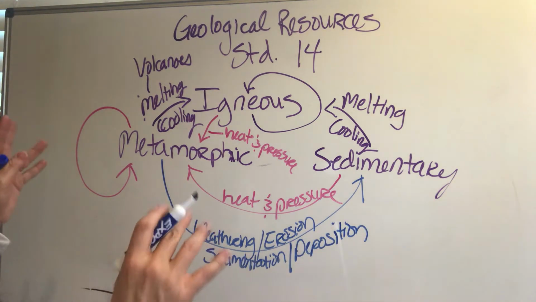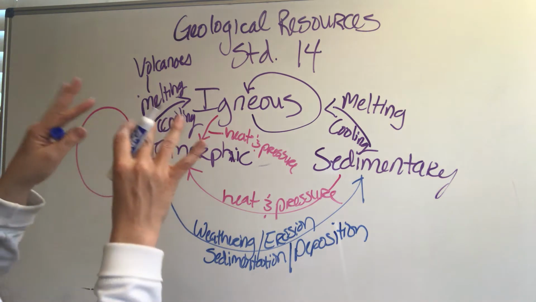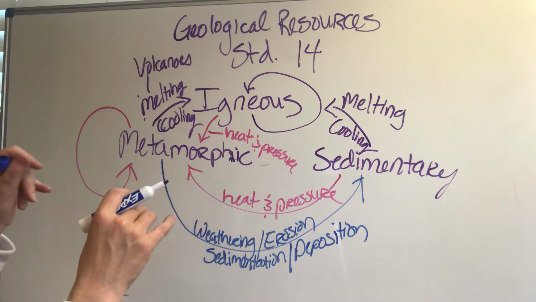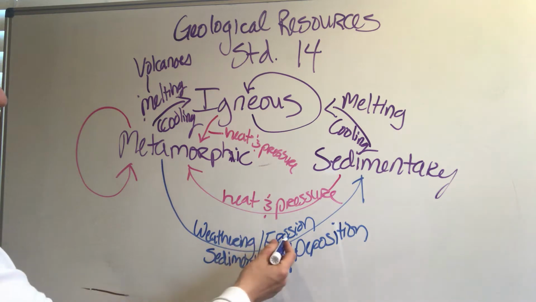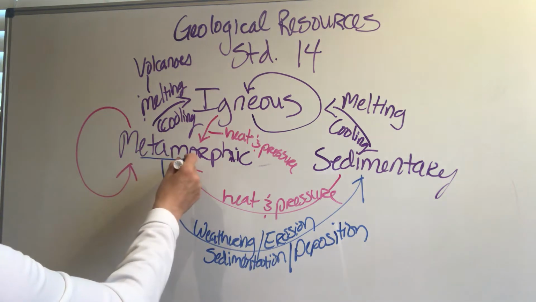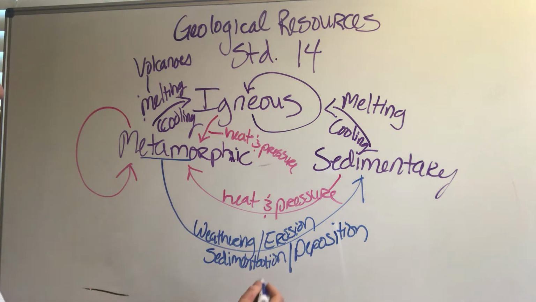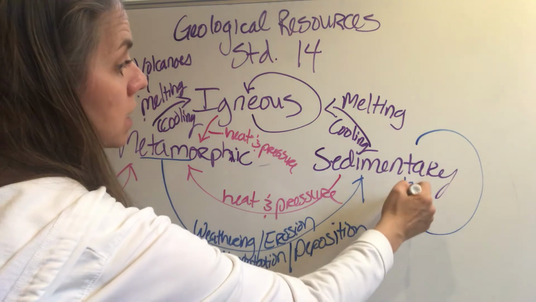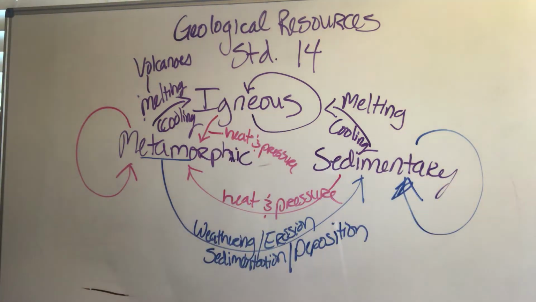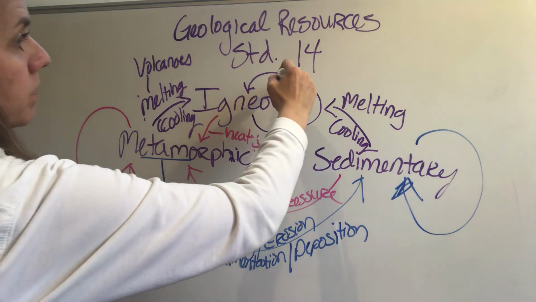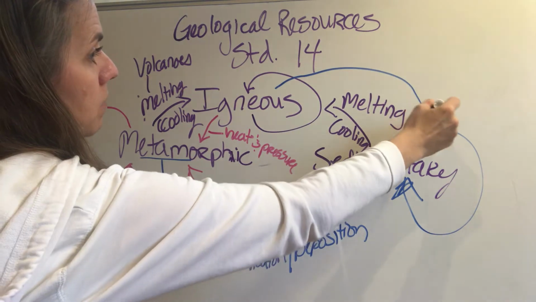Deposition means it's all those grains of sand and dust and stuff that's weathered from these types of rocks, from other landforms, from sedimentary rocks themselves, and from igneous rocks. Igneous rocks can become sedimentary too.